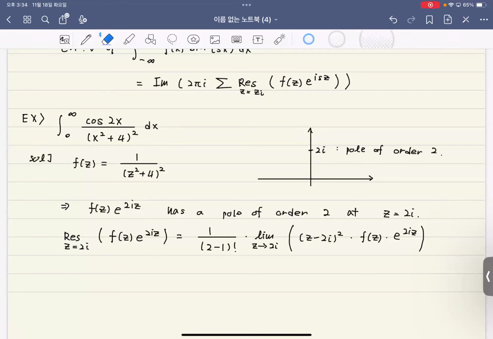So this is the first derivative. So this is e to the 2iz over (z plus 2i) everything squared, and taking the derivative, right?